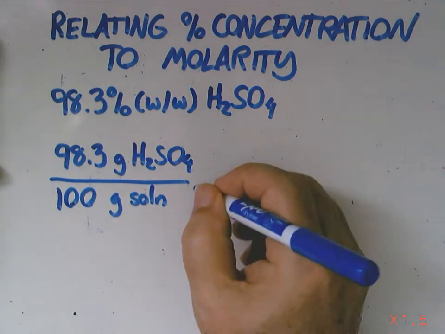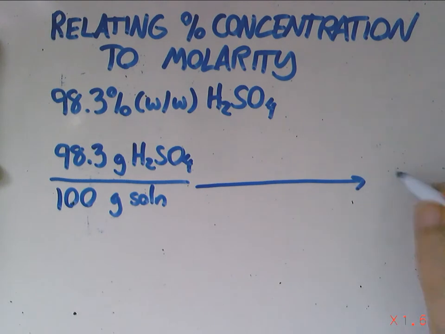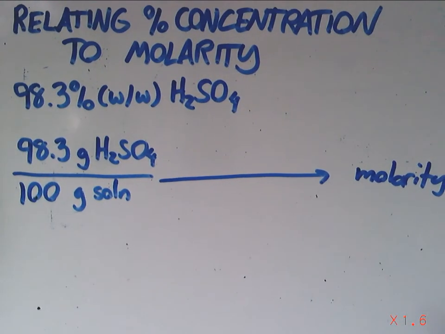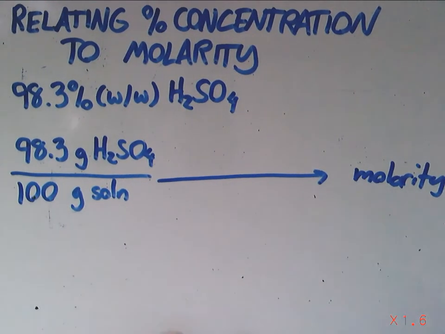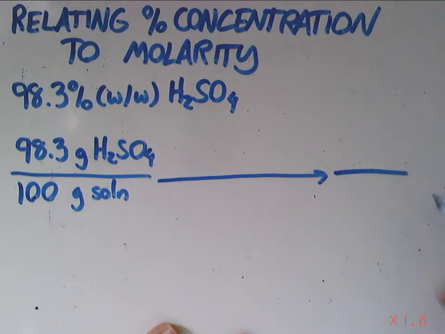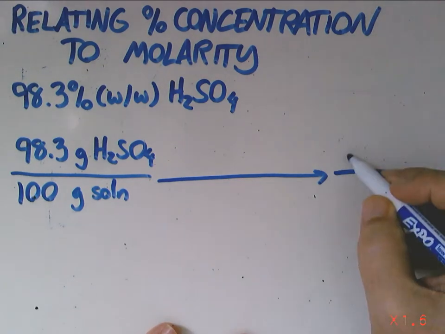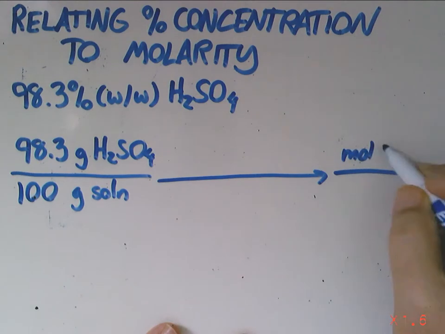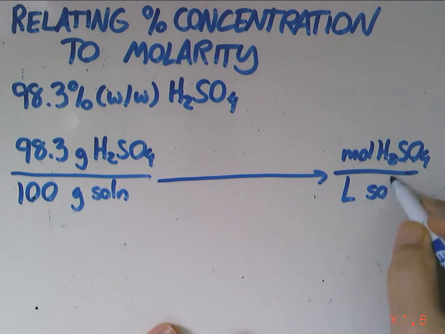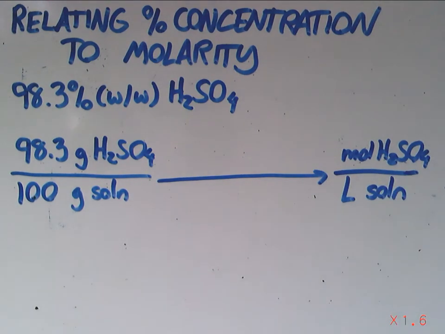And I really want to turn this into a molarity. And I'm not going to just write the word molarity here. That's not enough detail for me to do the calculation. I want to write down specifically what the molarity is. So here I'm going to use the definition of molarity. I want to get moles of H2SO4 on top per liter of solution on the bottom. That's the definition of molarity.